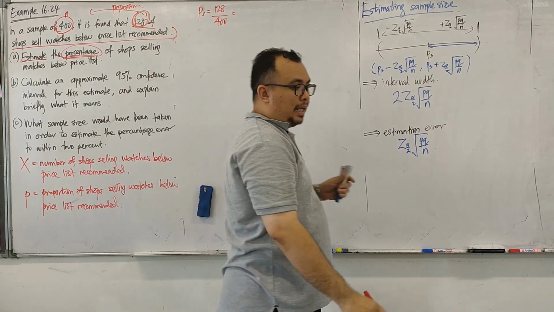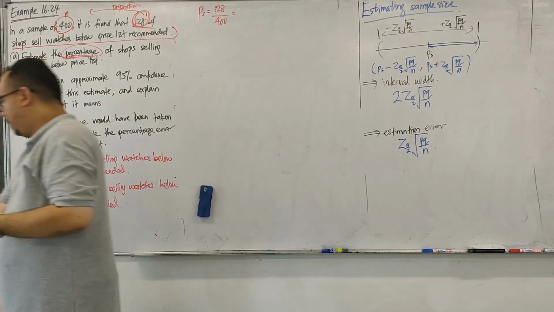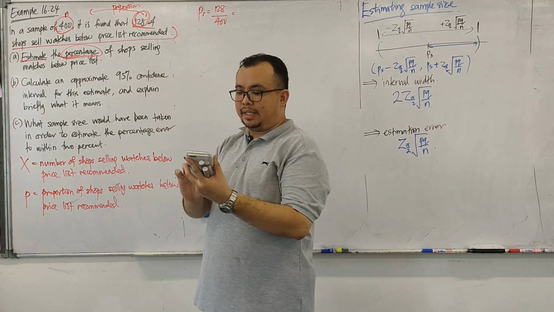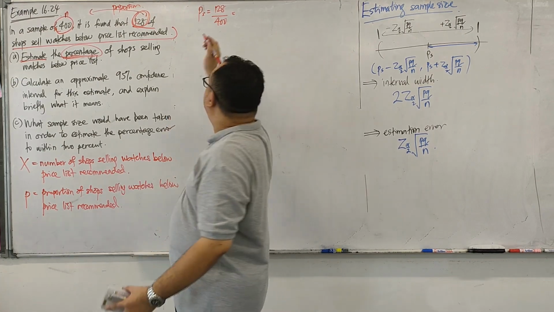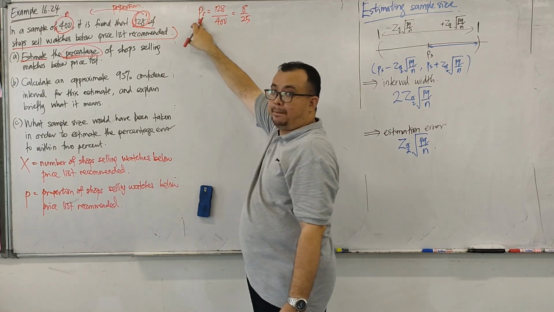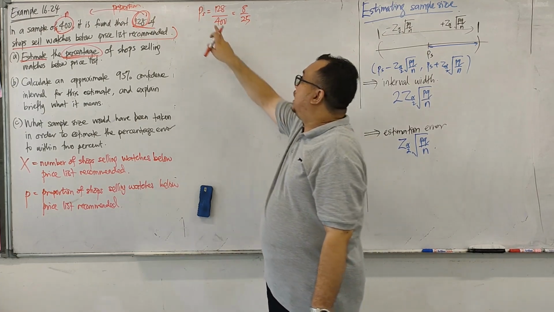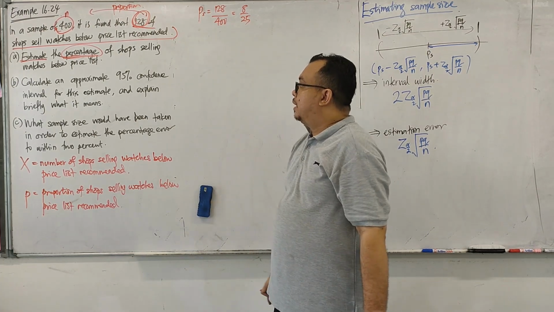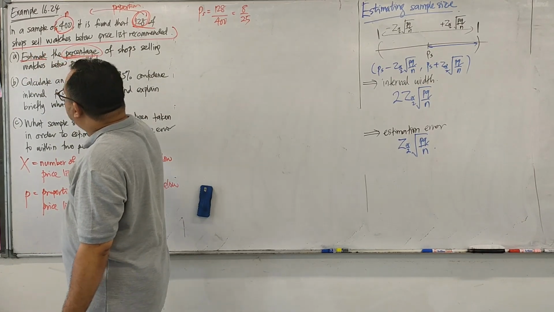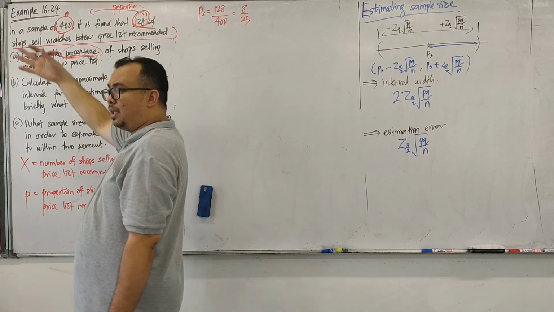Okay, I press my calculator. Okay, 128 over 400. So saya dapat 8 over 25. Ini adalah sample proportion. Okay, sample proportion. Soalan minta estimate the percentage. Maksudnya dia minta estimate population proportion.